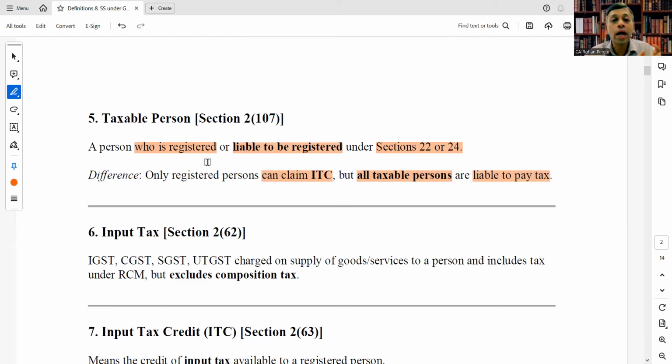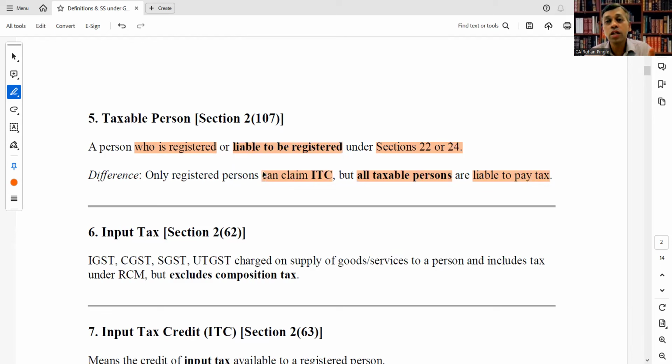Either you must be registered or you may be liable to be registered, then you become a taxable person. And that is why only a registered person can claim ITC, but all taxable persons are liable to pay tax, but not able to claim ITC unless they register.